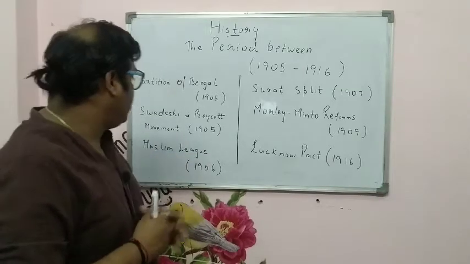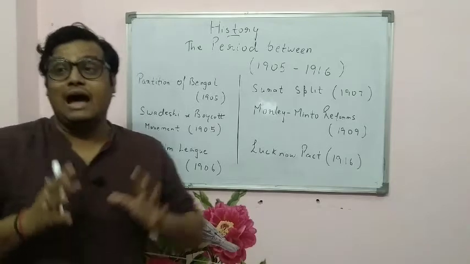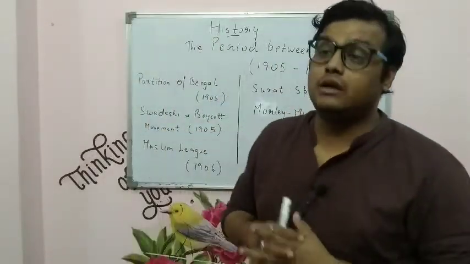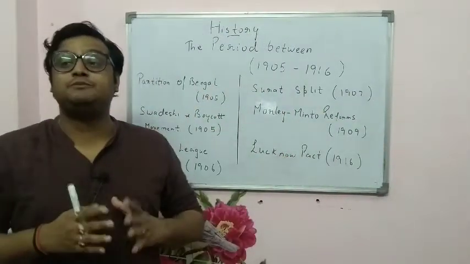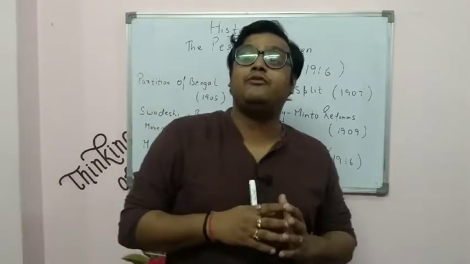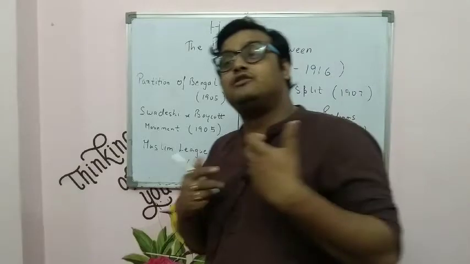Now, a very important portion: how did the Muslim League come into existence? I have told you the Britishers wanted to sow the seed of communalism. That is why the Britishers promoted a body that would favor the Muslims and fight for their rights.